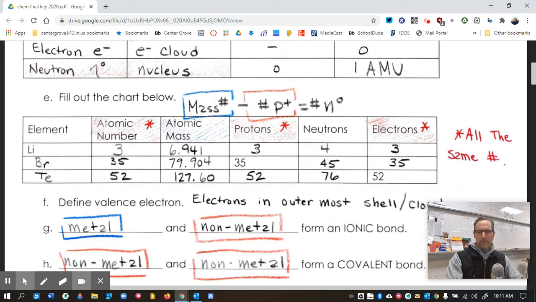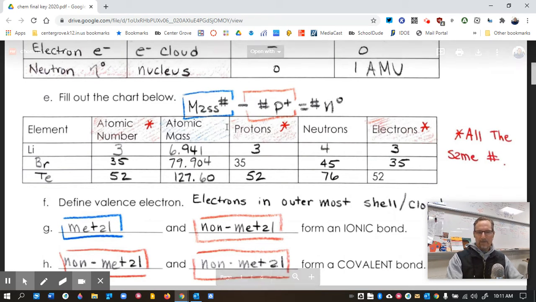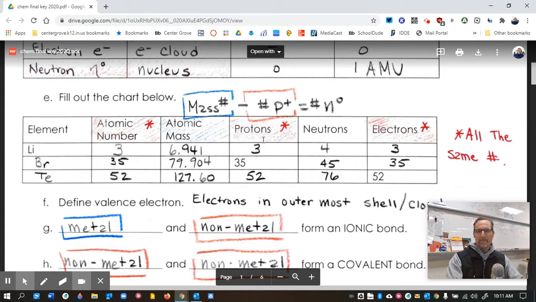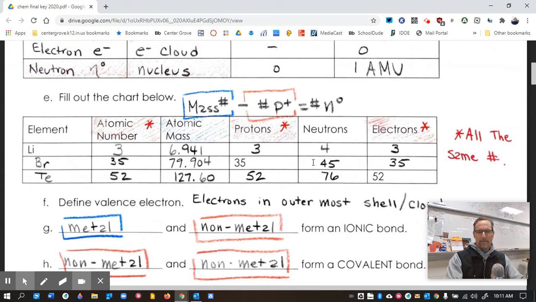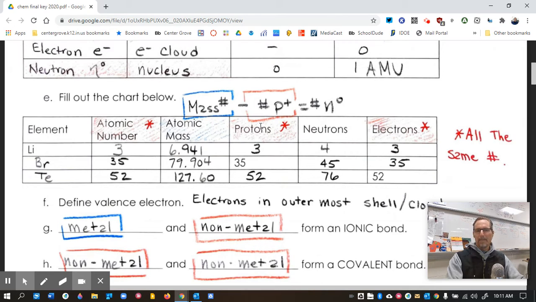The protons are going to be the same as the atomic number. In order to find the neutrons, I need to take the atomic mass minus the number of protons, and that'll give me the number of neutrons. And I want to round that number to the nearest whole number.